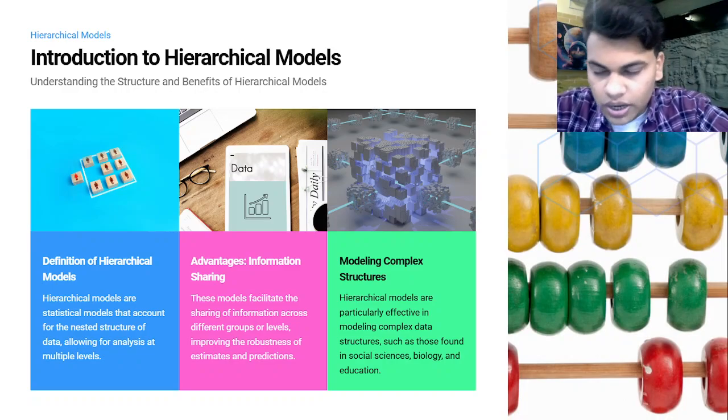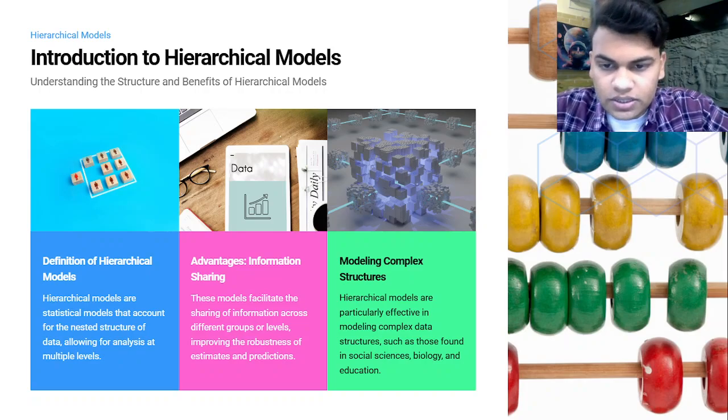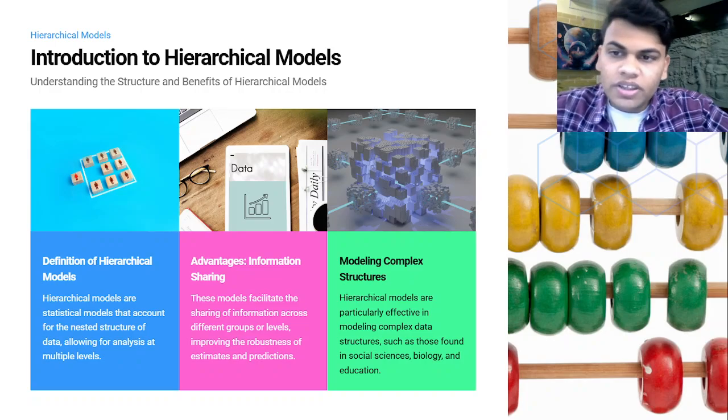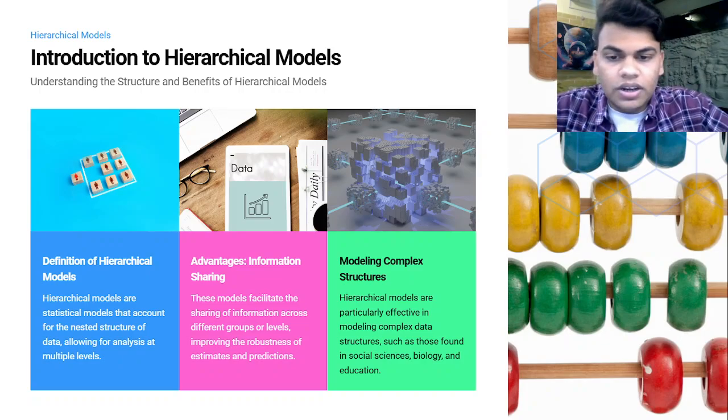Hierarchical models are built on different sorts of techniques, including no pooling and complete pooling methods. No pooling and complete pooling are basically feature extraction or feature classification methods, where we create a hyperparameter based on a few parameters of certain data points.